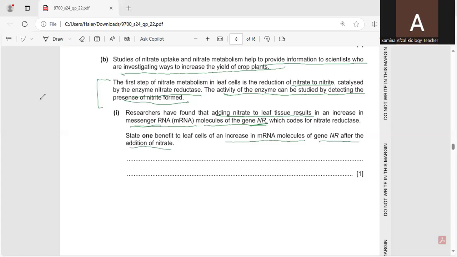So in this way, I would like to say that there will be an increase in enzyme, or we can say that more enzyme will be produced.